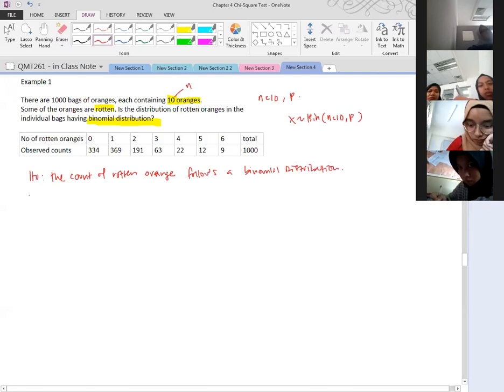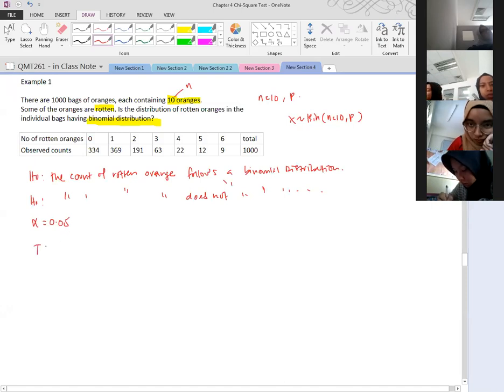So this is our hypothesis. The alternative hypothesis means the other way: the count of rotten orange does not follow a binomial distribution, right? So our alpha, let's put as 0.05.